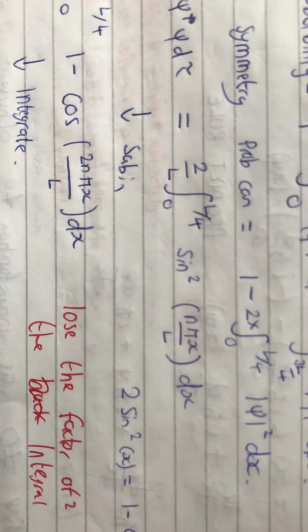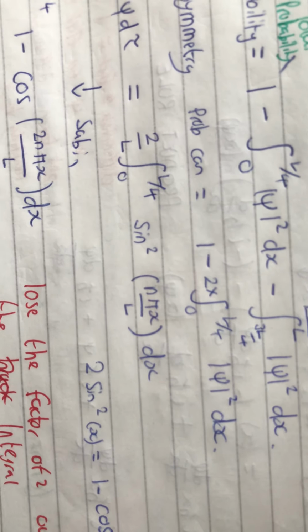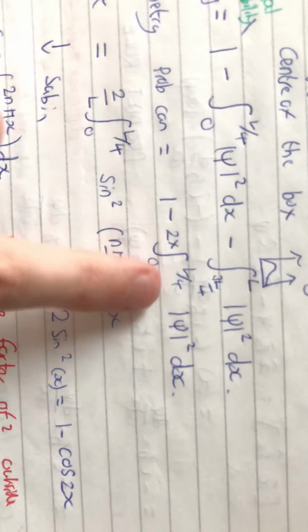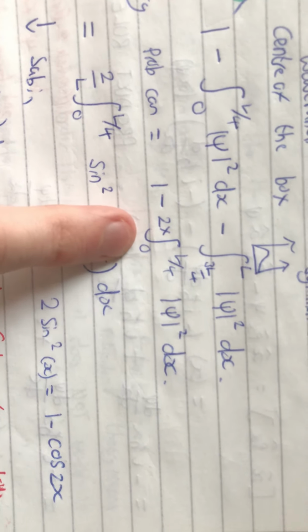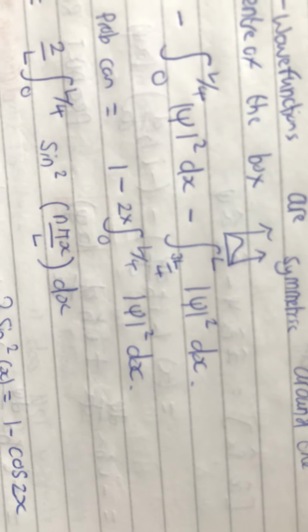And because of the symmetry around the centre of the box, we can say that probability is 2 times the value of either L over 4 to 0, or we could have used the other one too. But I think L over 4 to 0 is actually easier to look at.